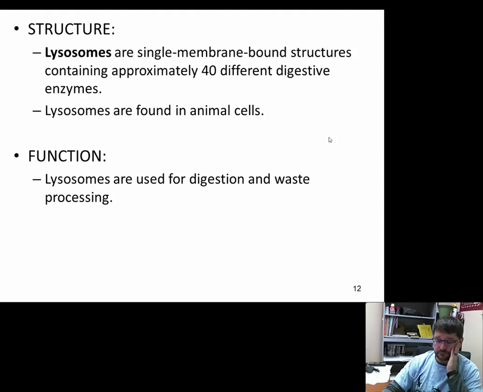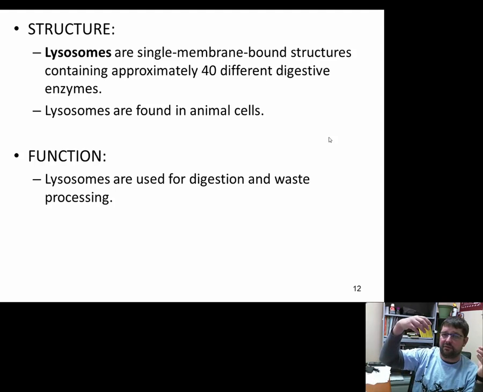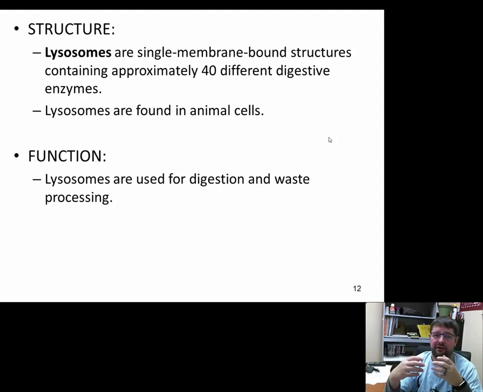The main function is digestion and waste processing, but like I said before, it's also sort of the immune function of individual cells. If you have a mitochondria that is old and the DNA might be degraded, lysosomes will digest it.